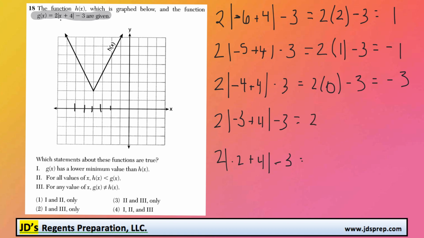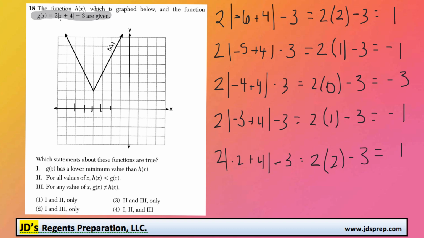Next, 2 times the absolute value of -3 plus 4, that's 2 times 1, minus 3, gets us -1. And finally, 2 times the absolute value of -2 plus 4, that's 2, minus 3, would get us an answer of +1. So let's go ahead and sketch where these points would be.